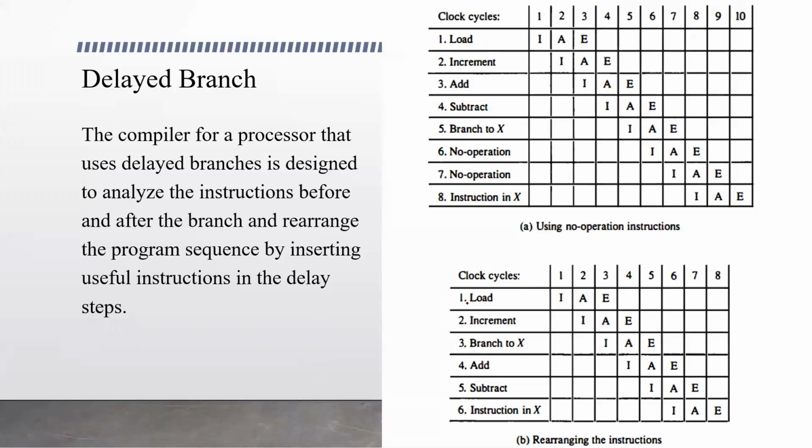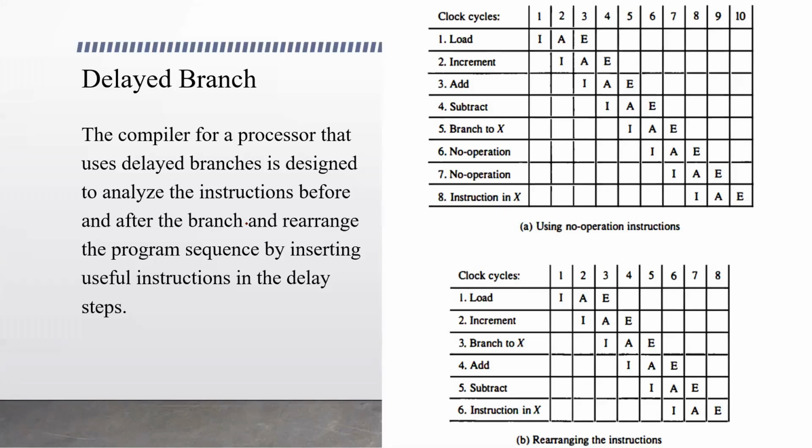To handle that, in these RISC processors the compiler redefines the branch instructions to avoid the branch difficulties. The compiler for a processor that uses delayed branches is designed to analyze the instructions before and after the branch and rearrange the program sequence by inserting useful instructions in the delay steps.